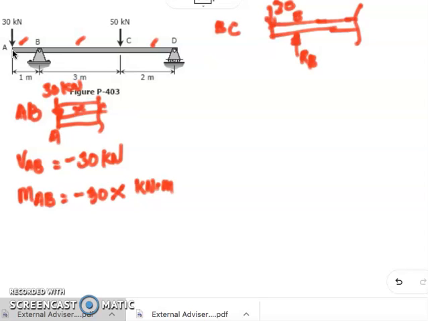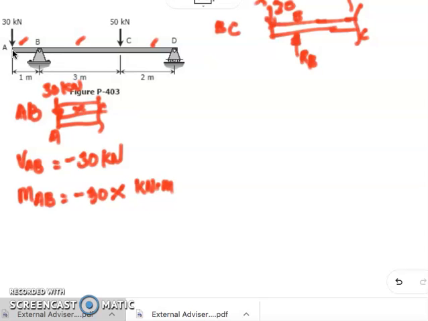So this is our point C. So therefore, this distance from the cut section towards point A is our x.